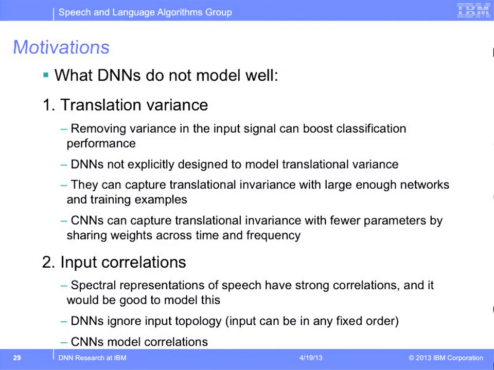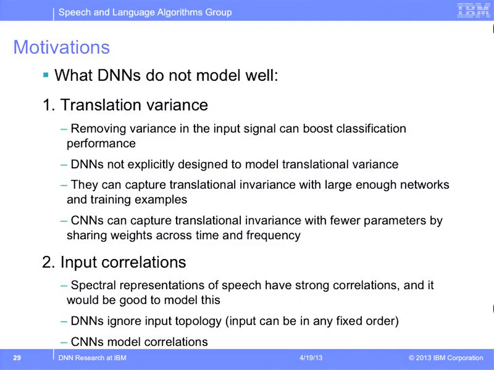But DNNs aren't designed to explicitly model this translational variance as opposed to CNNs, which I'll get into in the next few slides. So you can model this translational variance with DNNs if you have large enough networks and lots of data. One of the nice things about CNNs is you can model this translational variance with far, far fewer parameters than the DNN. And I'll get into what this means on the next few slides.